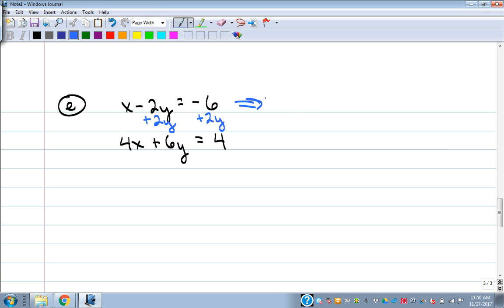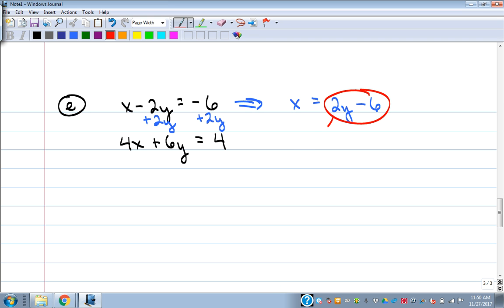And that would change that problem to be x equals 2y minus 6, because I've canceled out the y's here, and there's -6 plus 2y, and I just wrote it as 2y minus 6. Now I can take that part and substitute for x in which equation?